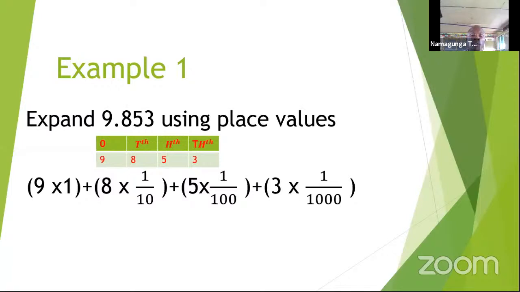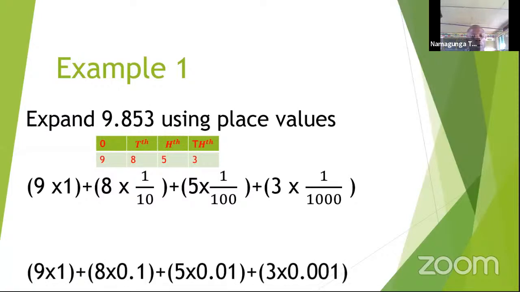Then the next one we have is 5 times its place value, hundredths, which is 1 out of 100, plus the last digit, which is 3 times its place value, thousandths, meaning 1 out of 1,000. Using place values, that is the first step.